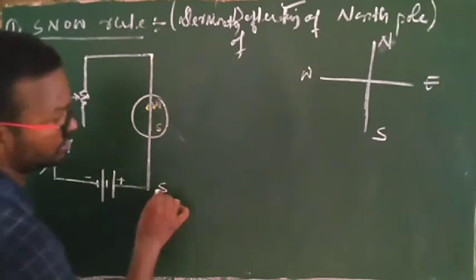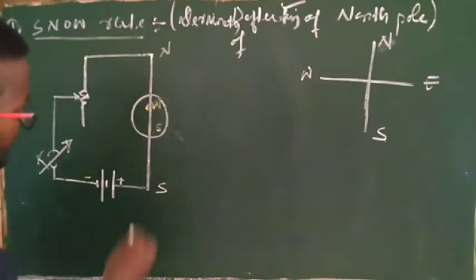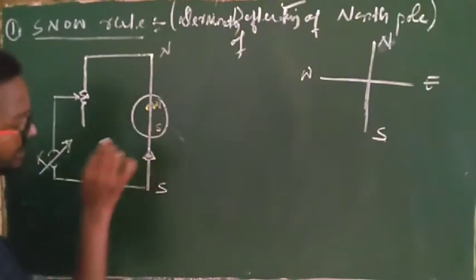That means this is south, this is north, south to north direction. This is the direction of flow of current.